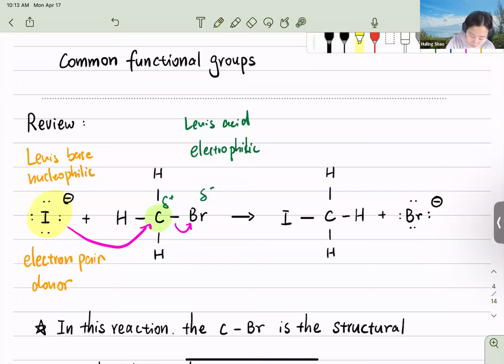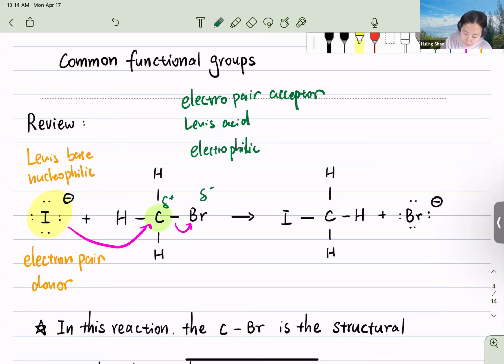These are similar terms to each other. Likewise, the green term here, this carbon center, has a partial positive charge because of the electronegativity difference. So it is an electron pair acceptor, or it's Lewis acidic, or it's electrophilic.